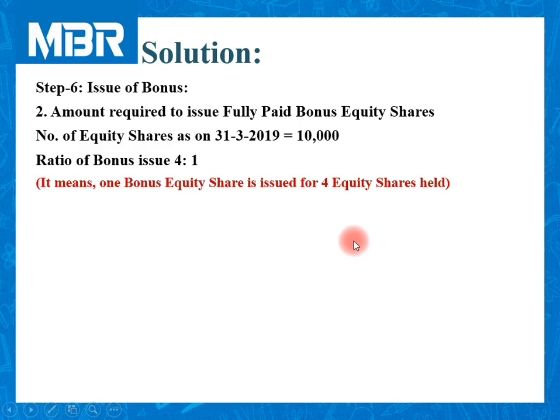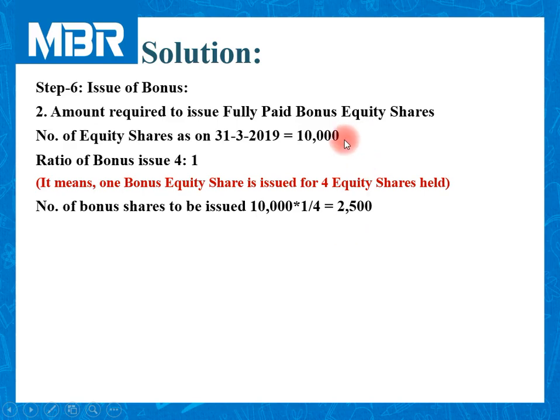So on 10,000 equity shares, if you follow the proportion of bonus issue 1/4, the company has to issue 2,500 equity shares.